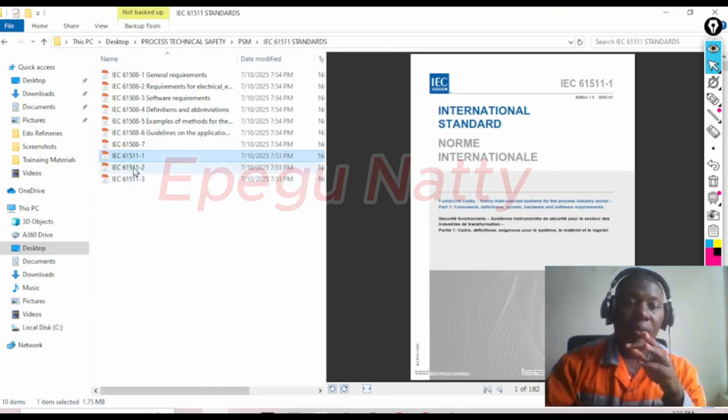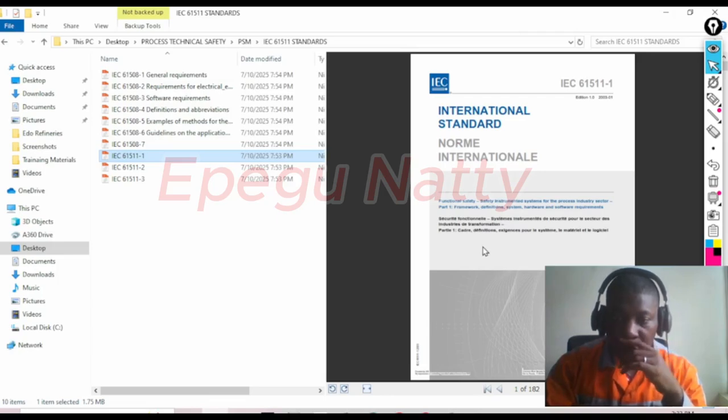That's for IEC 61511. Part 1 is about the definition, system instruments, safety instrumented systems for the process industry sector. It's talking about the framework, the definition, the system, the hardware and software requirements.